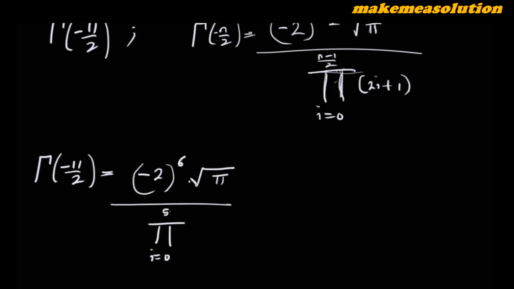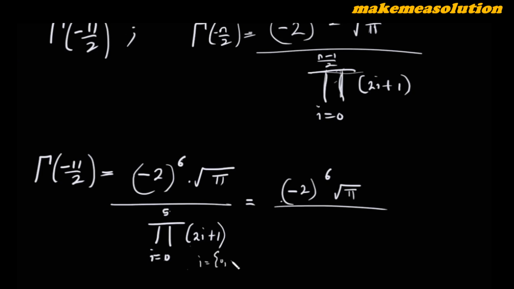So 0 to 5 is 6 terms. It makes sense. So you now have 2i plus 1. So if we evaluate this, we'll have negative 2 to the 6 root pi. And it's still the same thing, so the product operator will operate for i equal to 0, 1, 2, 3, 4, and 5.